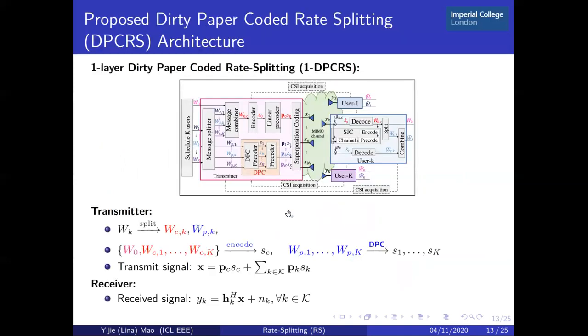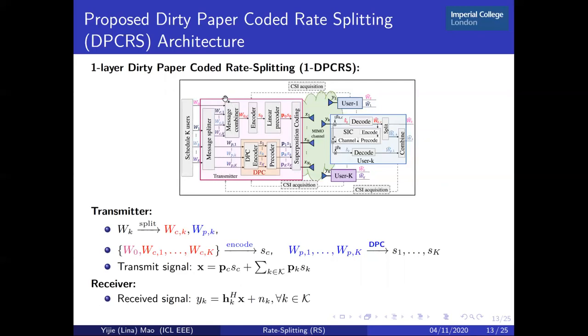Here is the first architecture that we proposed, which is called one-layer dirty paper coded rate splitting. The transmitter transmits one multicast message, W0, and K unicast messages. Each unicast message is first split into a common part and a private part.